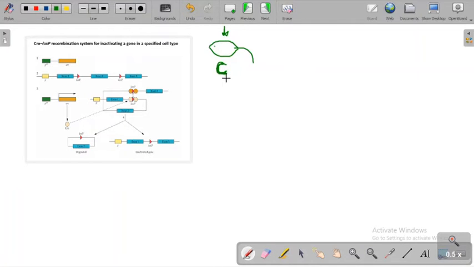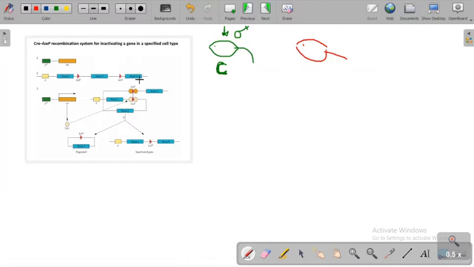Now we know that one species has a Cre gene, and suppose this is a male. Now there is another mouse with any other gene which contains LoxP sites.